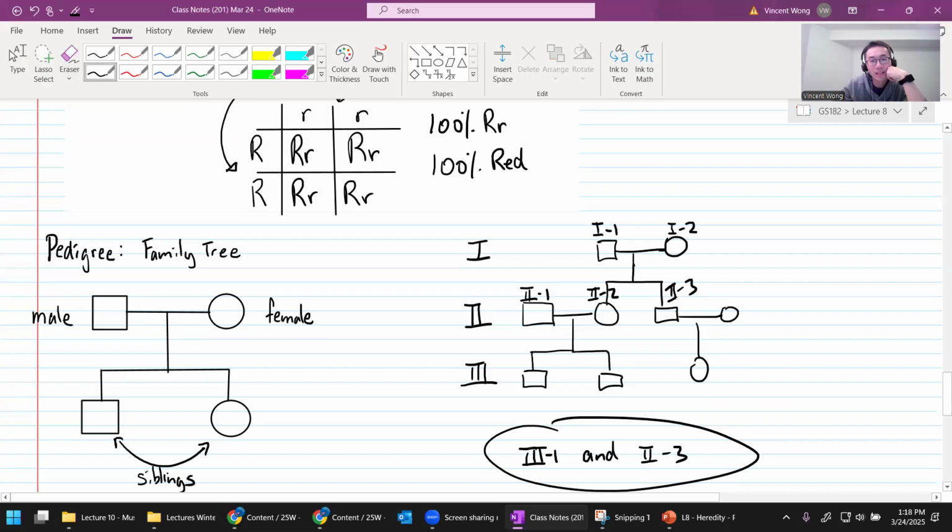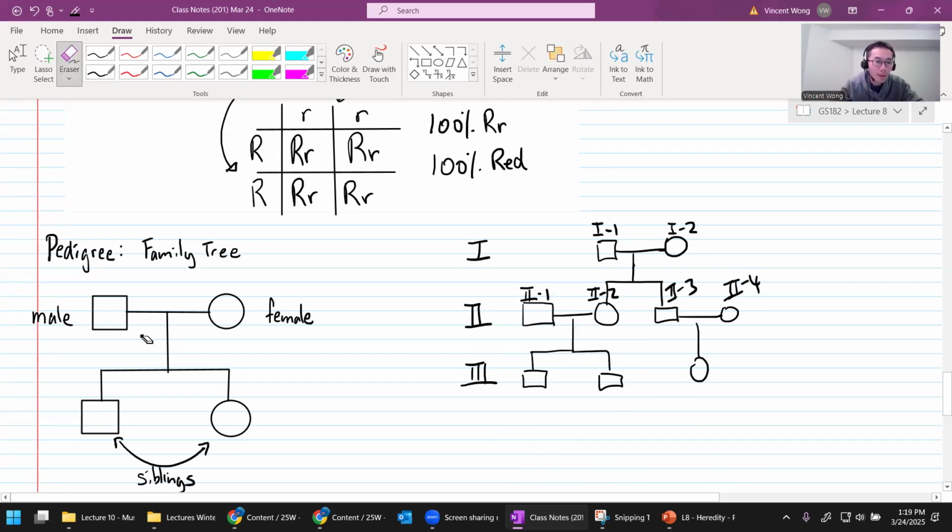Oh, that one. Oh, okay. Yeah, uncle, that's right. This is the uncle of this one. So 3-1 is the nephew of 2-3. Do you understand, guys? So maybe draw your own family tree and then play around with it.